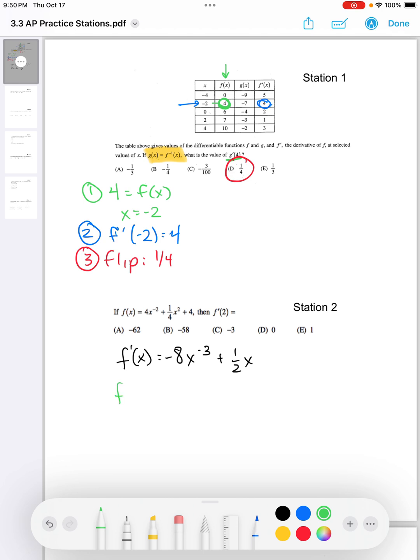And then we are going to take 2 and we are going to plug it in here to f prime. So I have -8 over 2 cubed plus 1/2 times 2. 2 cubed is 8, so -8 over 8 is going to be -1 plus 1/2 times 2 is 1. So I get an answer of 0, which is D.